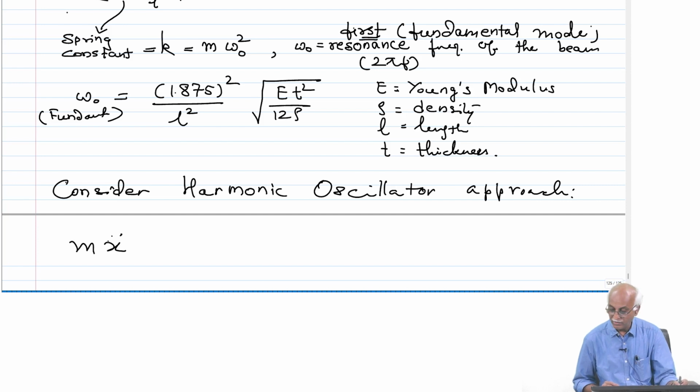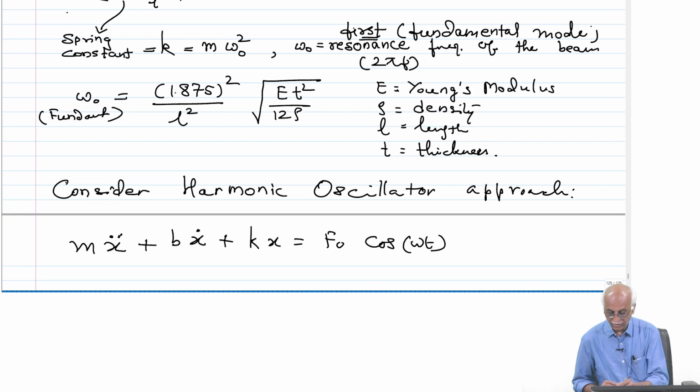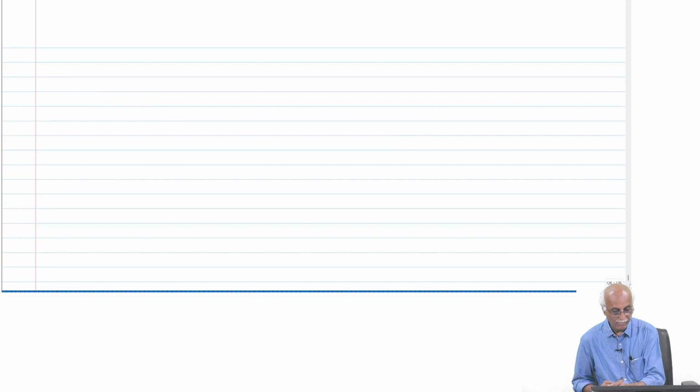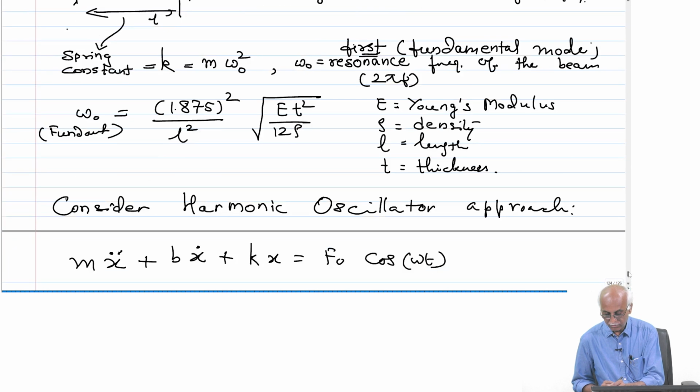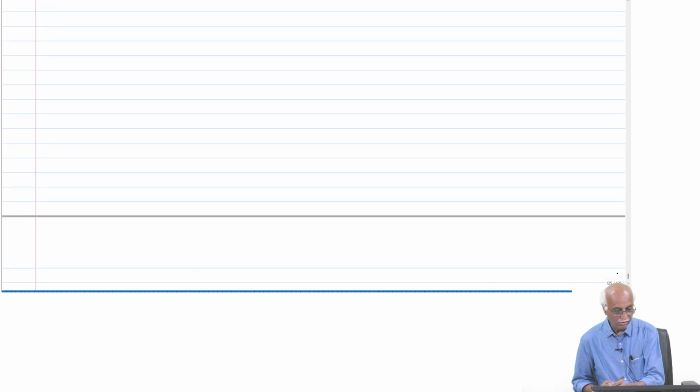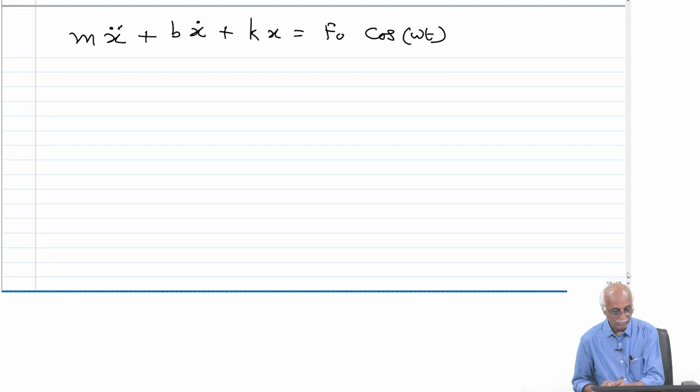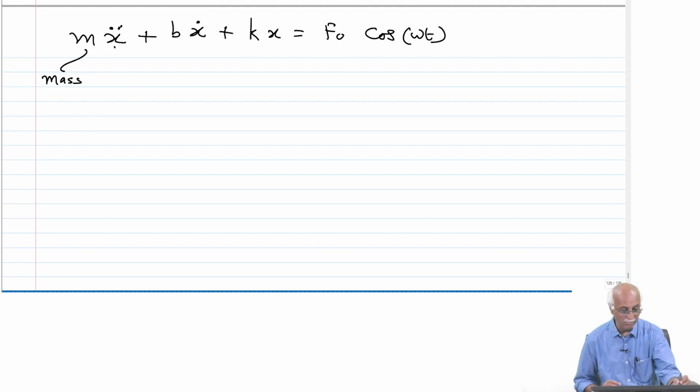The governing equation is given by this second order differential equation. Here m is the mass of this cantilever beam, and this is the corresponding acceleration.